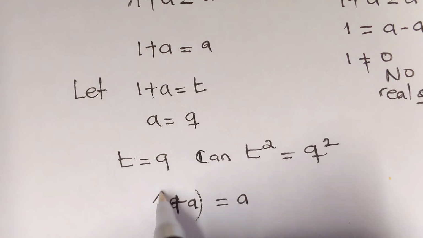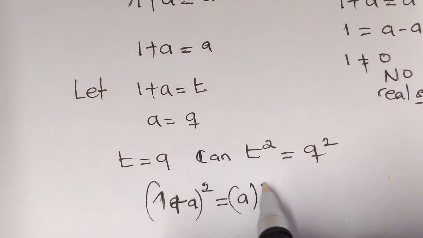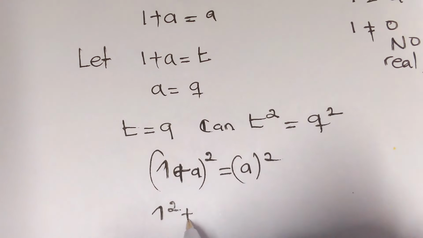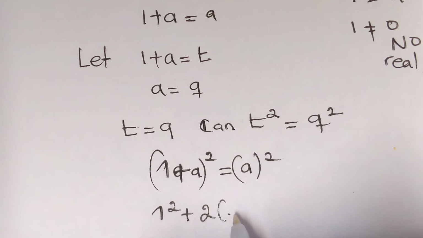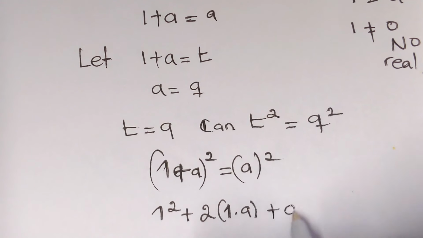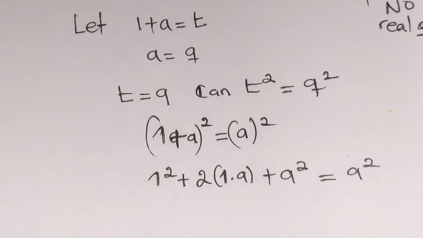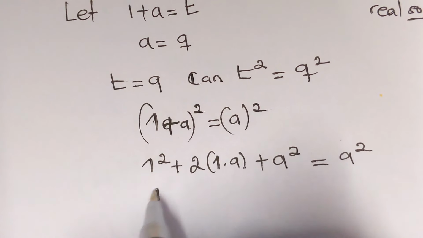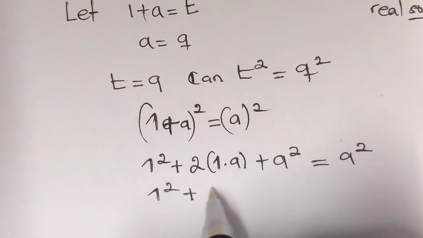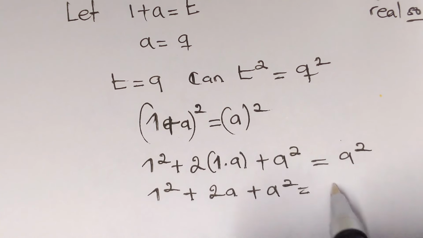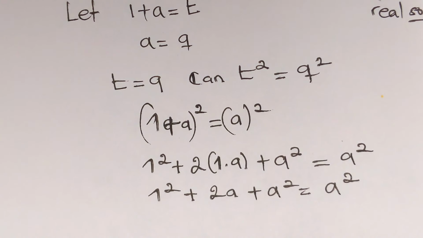Then by squaring both sides, we shall say this is equal to 1 squared plus 2 times 1 times a plus a squared equals to a squared. And of course, 1 squared plus 2a plus a squared equals to a squared.